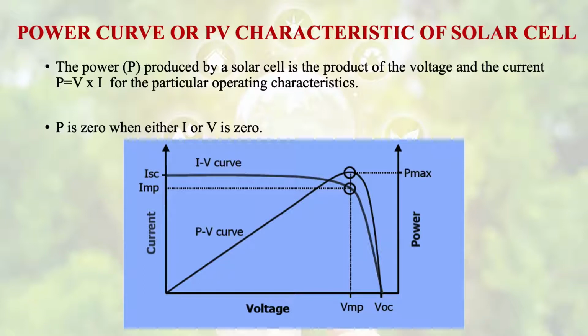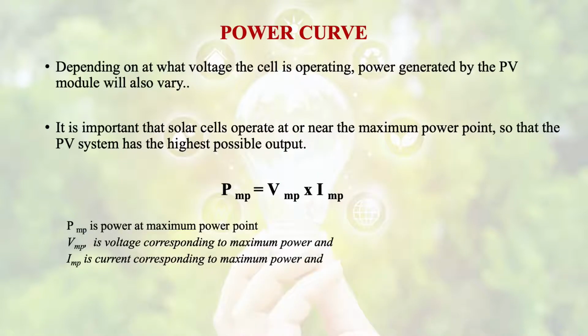In the curve you can see where you are getting the VMP and IMP. That means these are the voltage at the maximum power point, IMP is the current corresponding to the maximum power, and PMP is the power at the maximum power point. So PMP is equal to VMP multiplied by IMP.